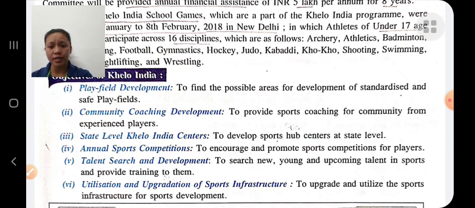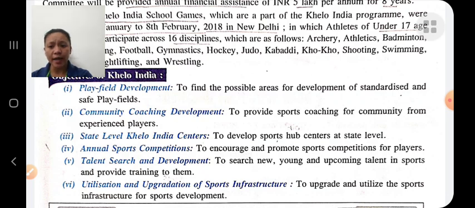State level Khelo India centers, to develop sports hubs, meaning sports centers at the state level. Annual sports competition, to organize annual sports competitions.